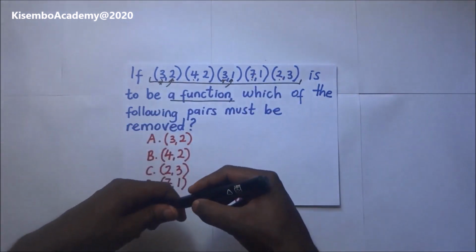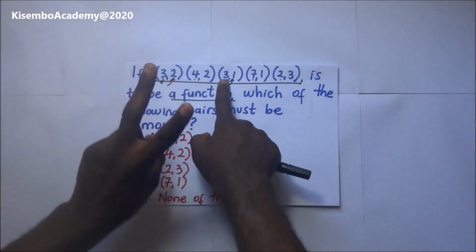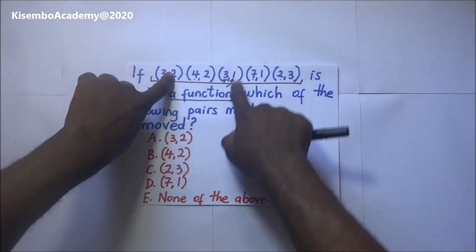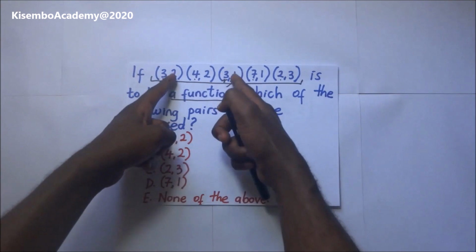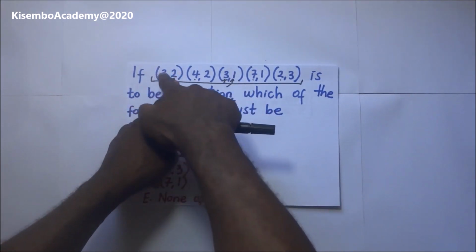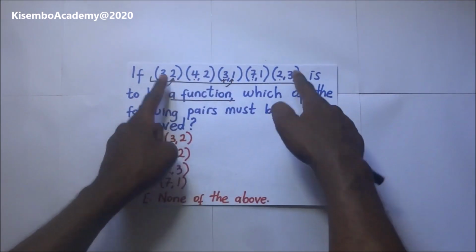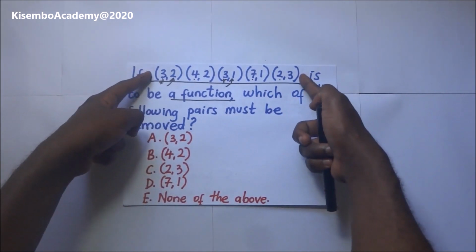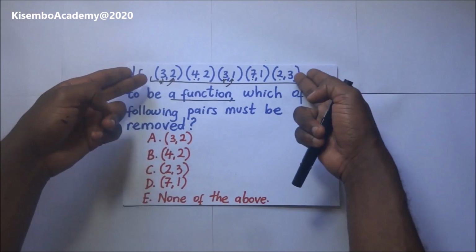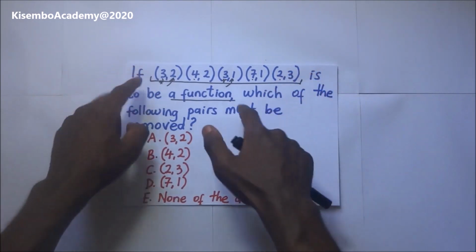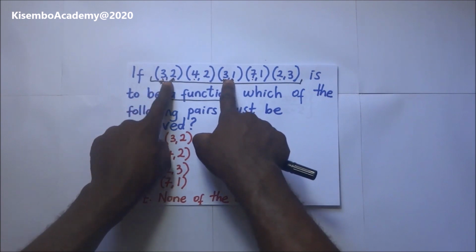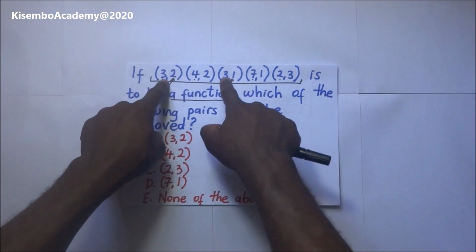So it means that when the input is 3, it's giving us 2 different outputs, which are 2 and 1. And if one input is giving us 2 different outputs, that ceases to be a function. This set of ordered pairs therefore is representing what we call a relation. Now, in order for us to make this a function, we have to get rid of one of these ordered pairs. We can either get rid of (3, 2), or we get rid of (3, 1).